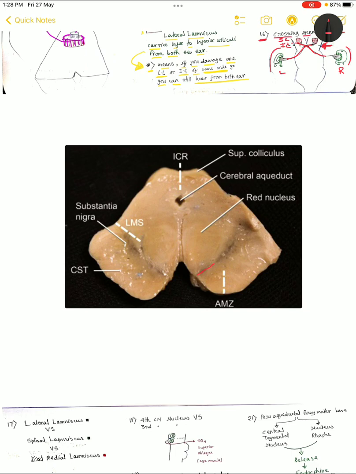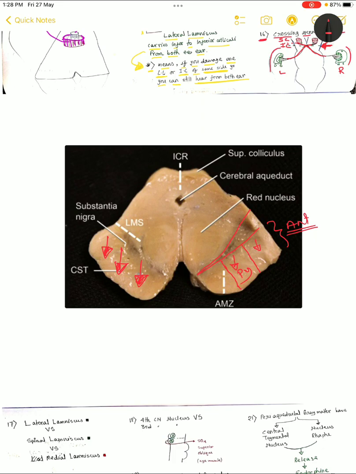Now again, let's come to this diagram. You are already comfortable with this structure. This is our substantia nigra, and this is our crus cerebri, and this is again the anterior part of pons. I told you, in the anterior part of the pons, we will find only all these descending fibers. All the descending fibers are located in the anterior part. If you want to be more specific, you will find this anterior part as our pyramidal tracts.